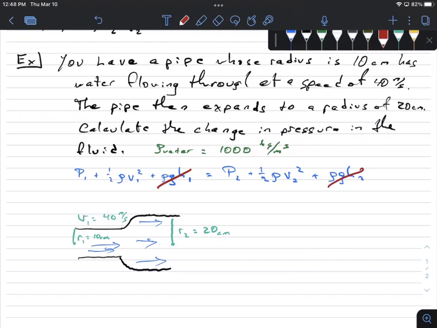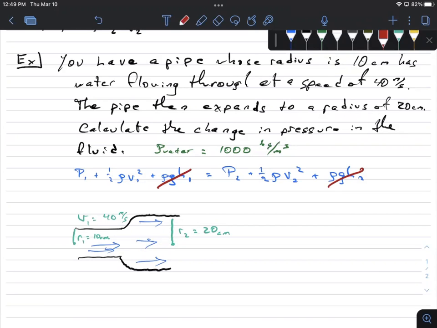Now, why do they cancel out? Well, if there's no change in height, that means h1, the height of the first location, is the same as h2. And so rho g h1 is the same number as rho g h2. And since they're on the separate sides of the equation, they cancel out. They'll just subtract off and you get 0.